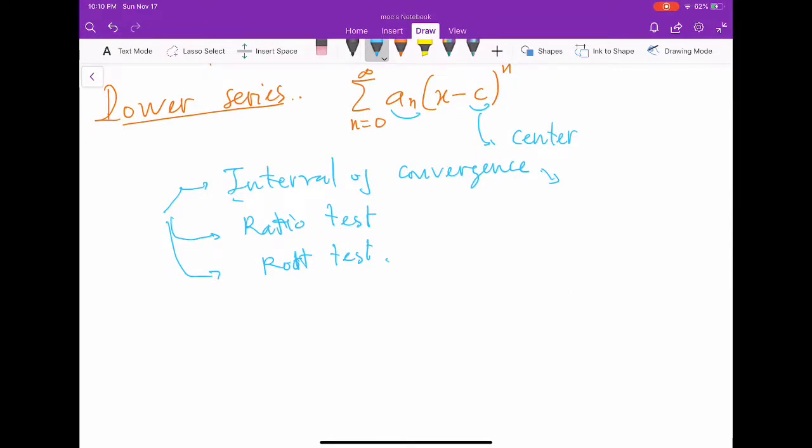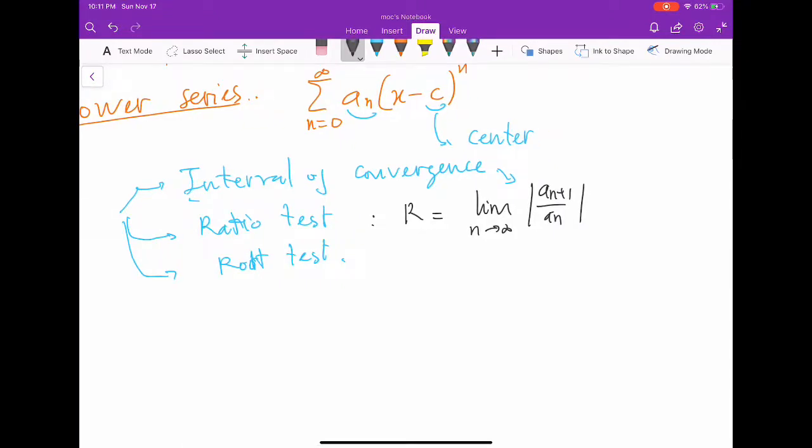Just go ahead to solve one example. So the ratio test looks like this. You have to find R, which is the limit of a_(n+1) over a_n, as n approaches infinity. And once you found R, you can set this less than 1, because we know that when R is less than 1, our series converges, right? And similarly, you can do the root test.